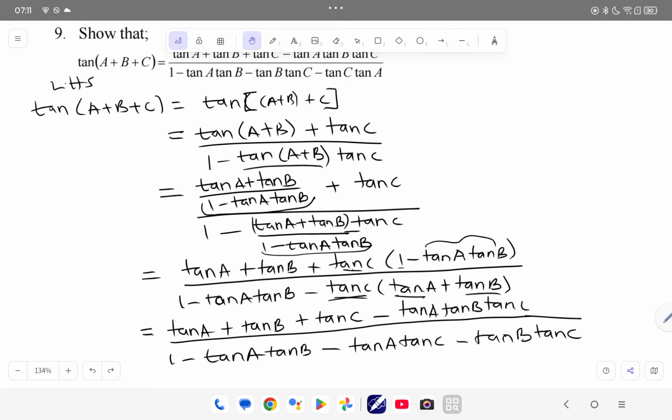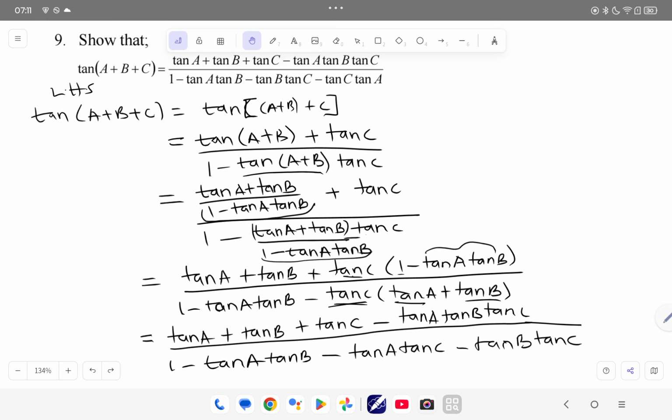True. Just a slight rearrangement, but it's still the same thing.